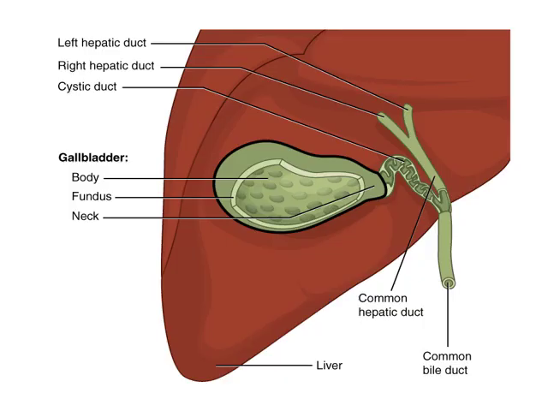Now here is the left hepatic duct, then the right hepatic duct, cystic duct, and gallbladder, and the gallbladder attaches to the common bile duct. This common bile duct pours the bile into the small intestine.